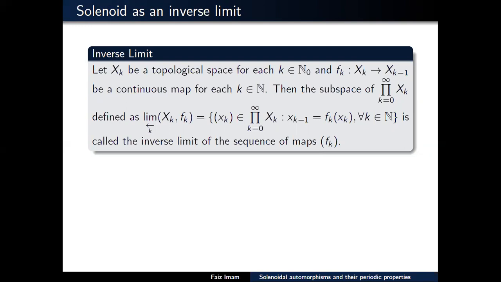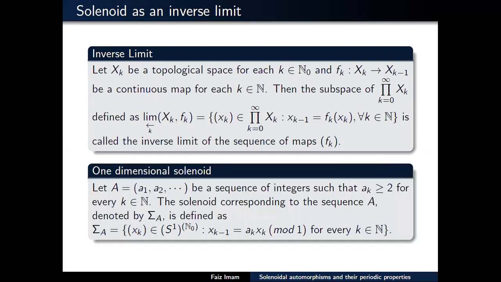I would like to point out that when we were characterizing solenoids as sigma hat lying between Zn and Qn, the definition of inverse limits in this particular way only works for the case n equal to 1, for one-dimensional solenoids. For a one-dimensional solenoid, let capital A denote a sequence of integers.